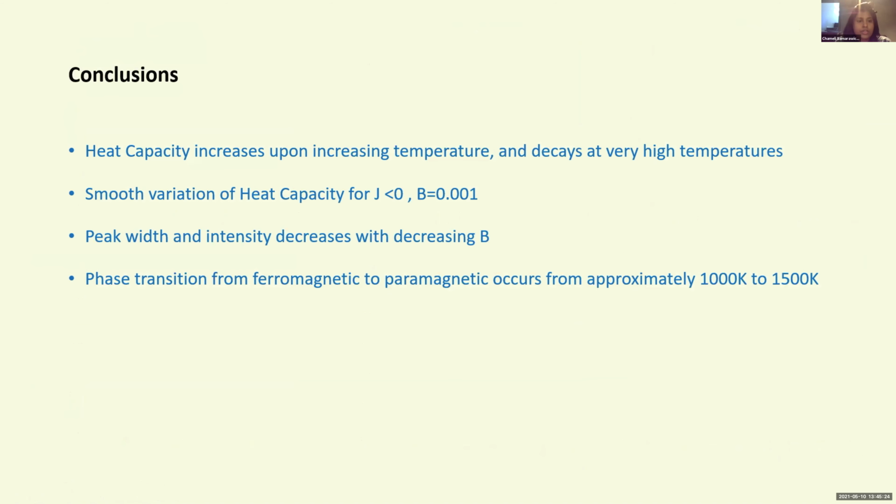These are the conclusions I drew from this procedure. The heat capacity increases with increasing temperature and decays at very high temperatures.